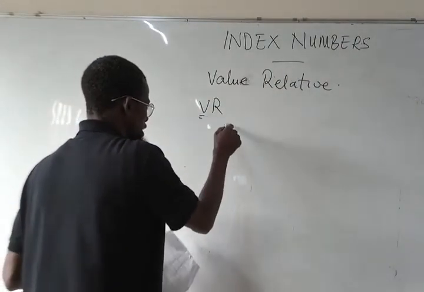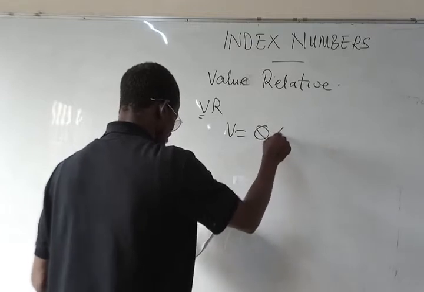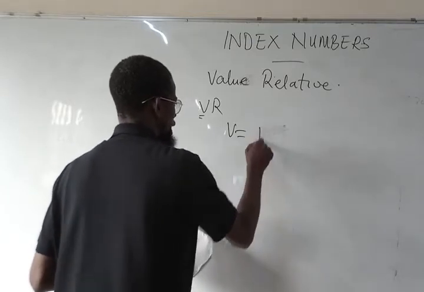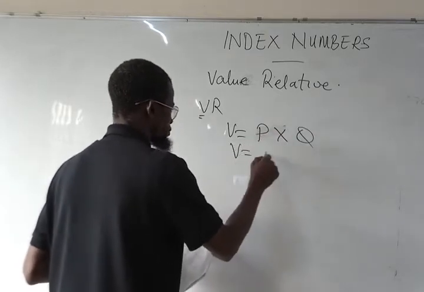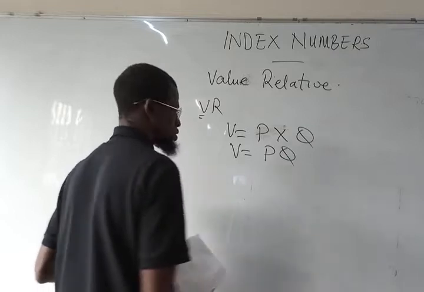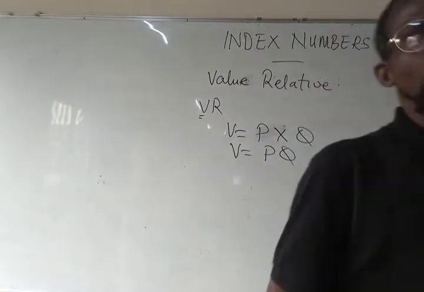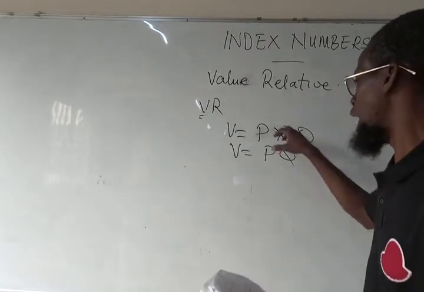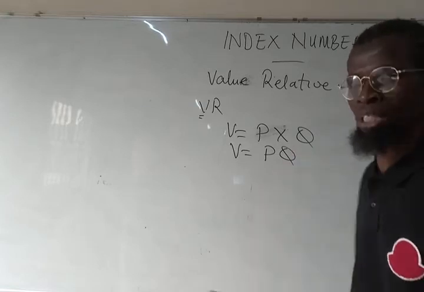That is, you can obtain our V as price times quantity, meaning that our V is PQ. We want to know the value of something. To calculate our V, we first multiply the price of that commodity times the quantity.